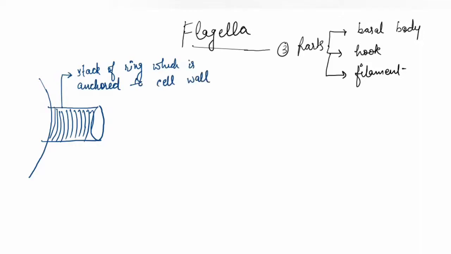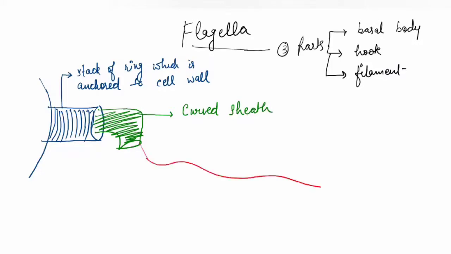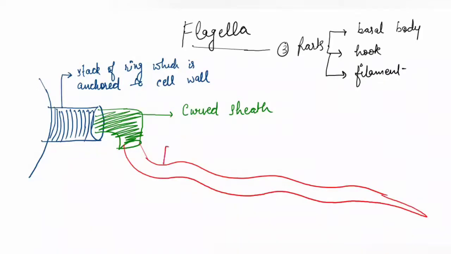Then, attached to the basal body, we have a curved, sheath-like, hook-like structure that is known as the curved sheath. That is a connection or intermediary between the basal body and the filament. And now finally the filament. Filament is made up of a protein known as flagellin.